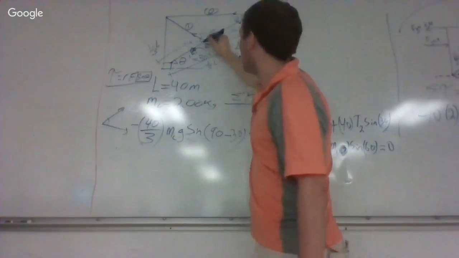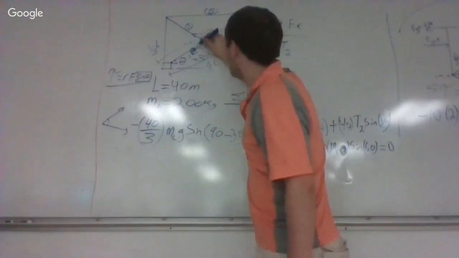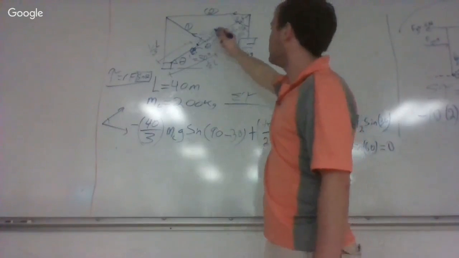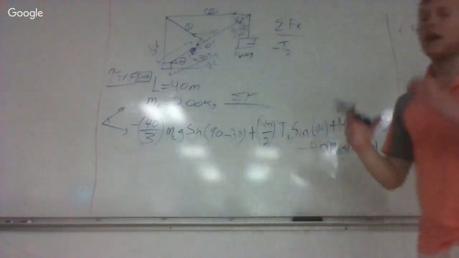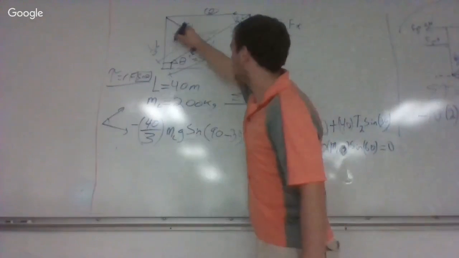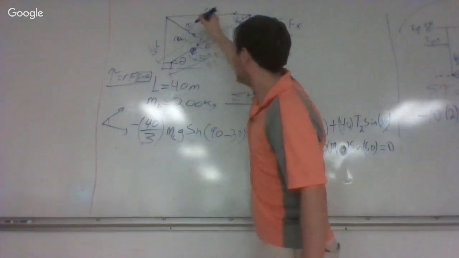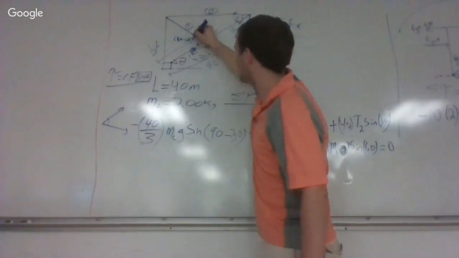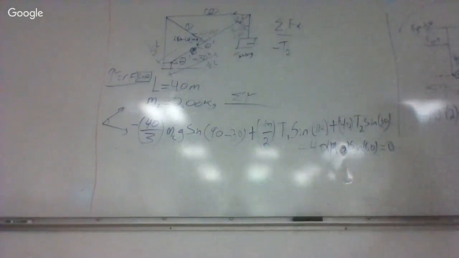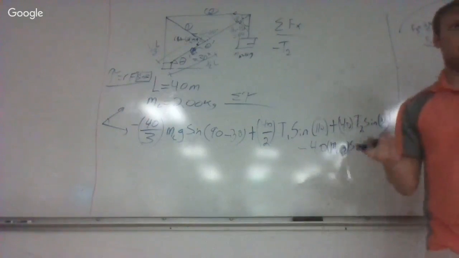From the angle, we know that this angle here is going to be theta prime. We know this angle is 110. 110 plus theta prime. Take that. Right. Minus theta prime plus 110. All right. So that would give me the angle. Cosine.